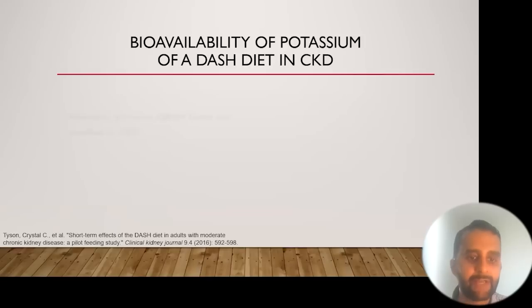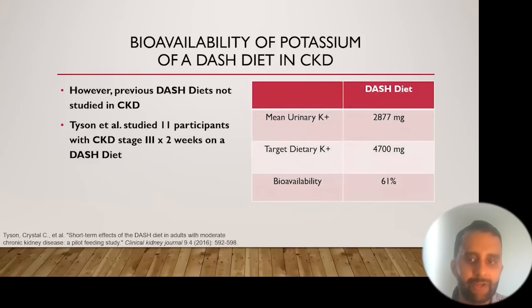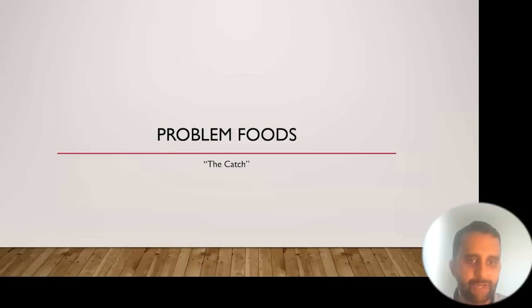And again, the DASH diet was studied in those with kidney disease. It was a small study, and in this study, they again found the bioavailability of potassium was 61%. So it's not unreasonable to estimate that the potassium in plant foods is about 60 to 70% bioavailable based on these studies. There are some caveats to this, so there are some problem foods.